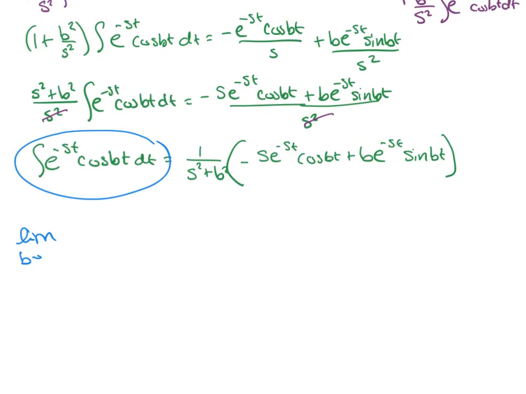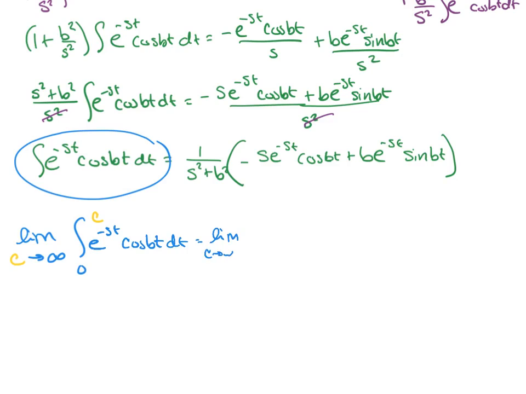of the integral from 0 to c of our e to the negative st cosine bt dt. So that's the limit. I think I can fit this here.